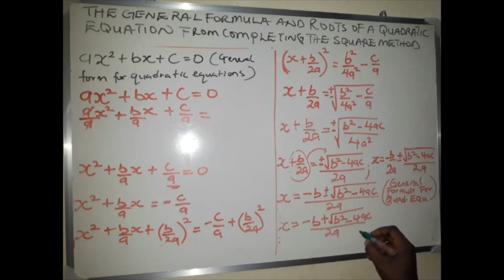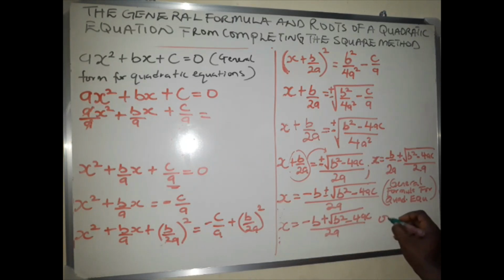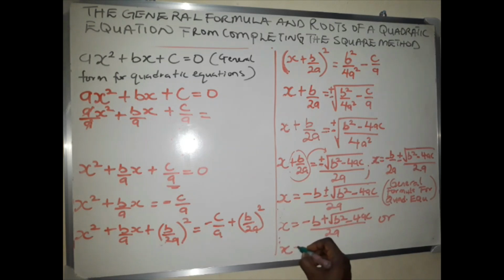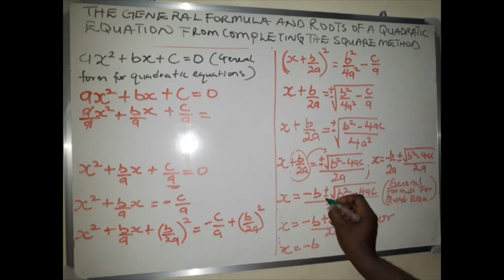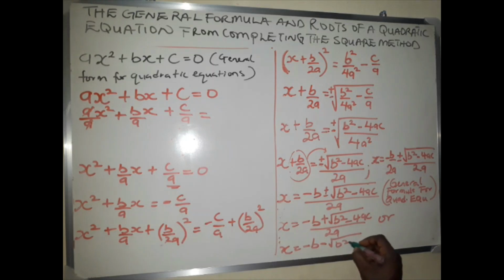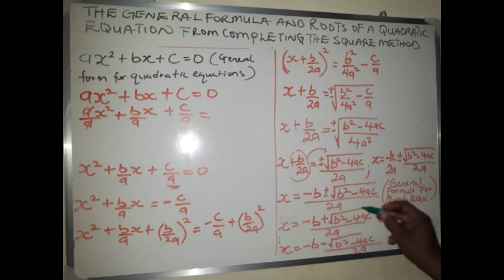You now write or x is equal to minus b, this time you write the minus sign, minus the square root of b squared minus 4ac all over 2a. So these two here are the roots of a quadratic equation.